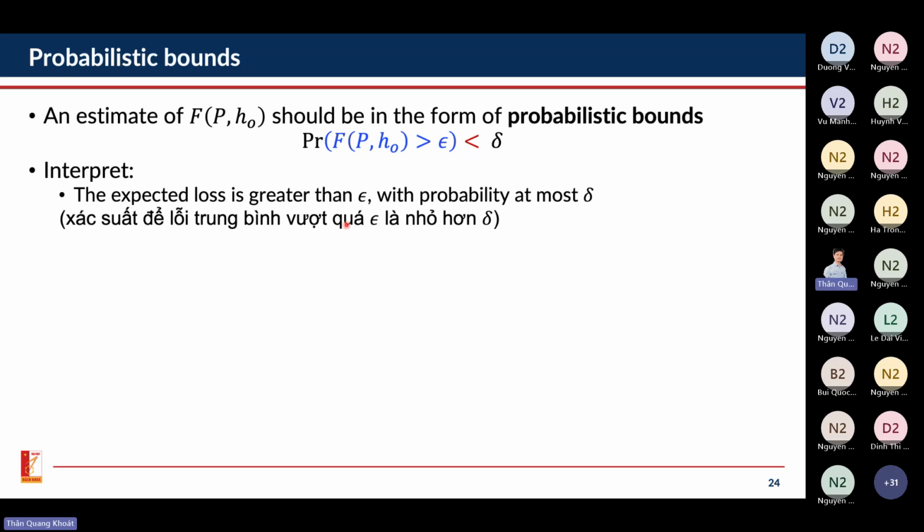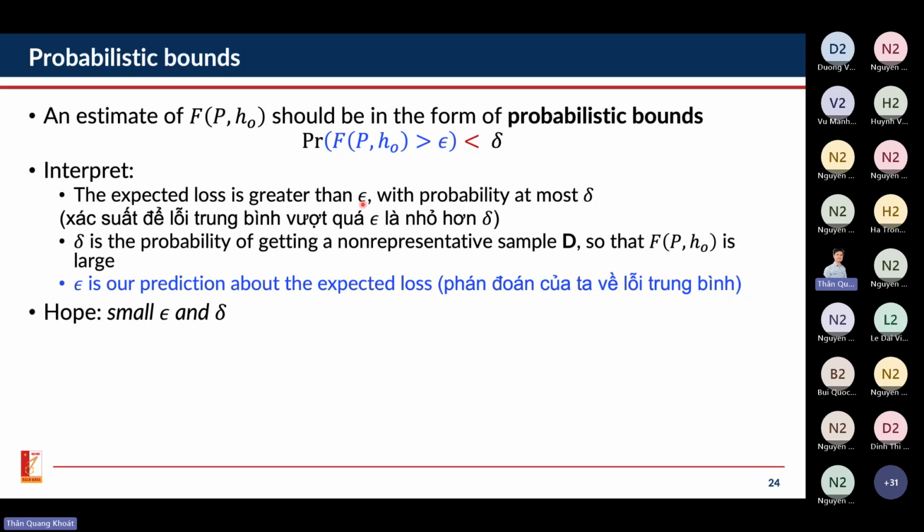And here, epsilon can be considered to be our estimate about the population error, right? Epsilon here is an upper bound on the population error or the test error.